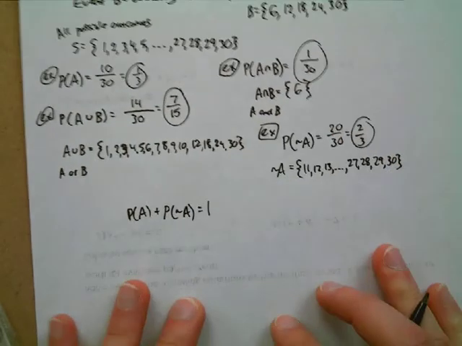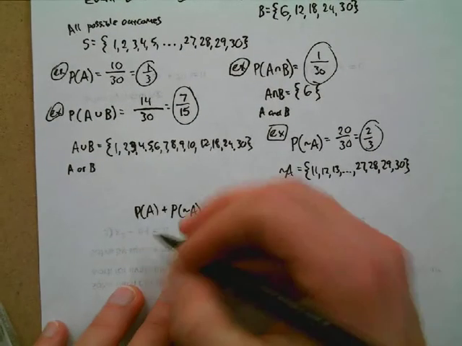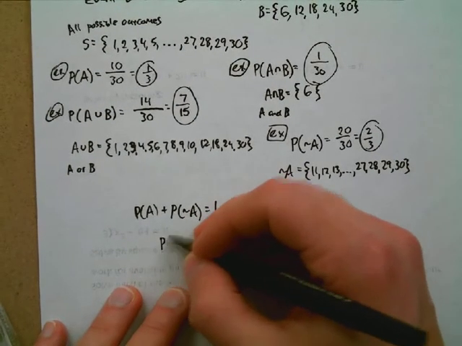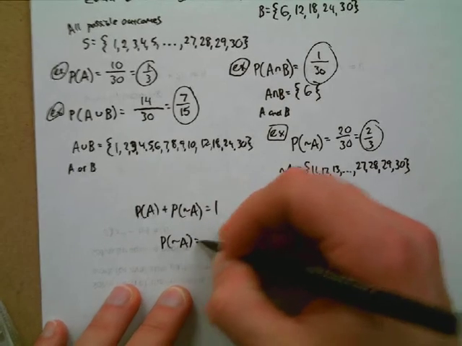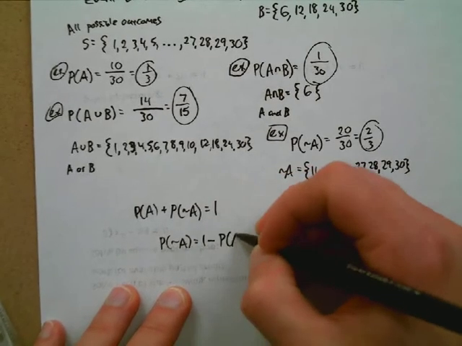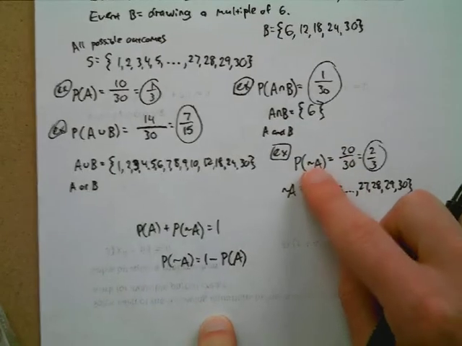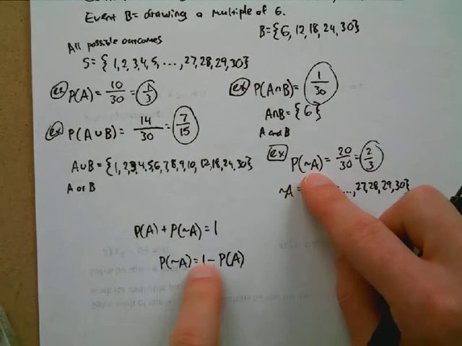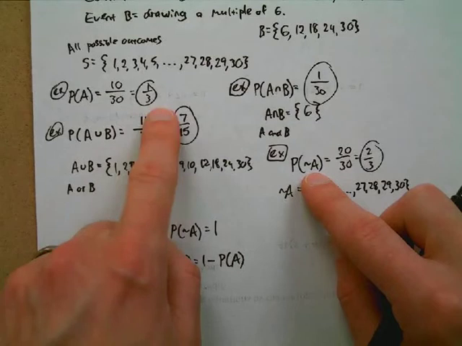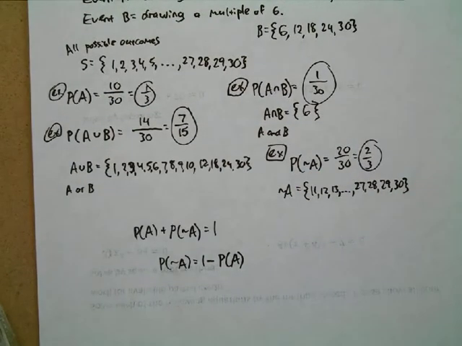Or another way, the probability of not A is 1 minus the probability of A. So if you want to calculate the probability of not A, we could have just done 1 minus the probability of A happening. Something to use in your calculations.